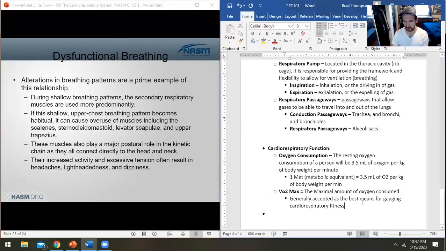And so generally, alterations in breathing patterns are a very important part of our class. Dysfunctional breathing patterns, okay.